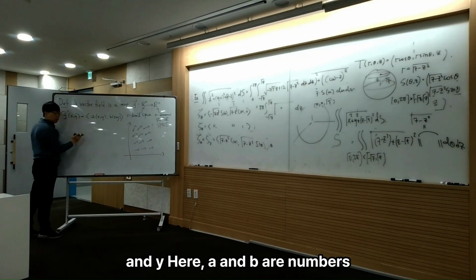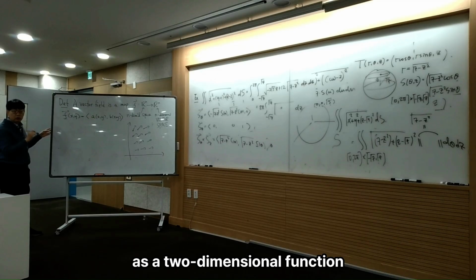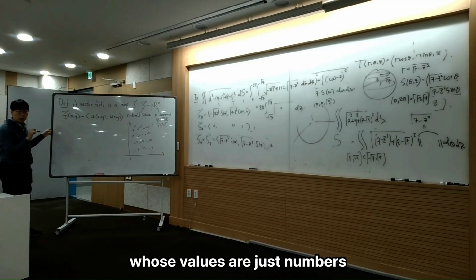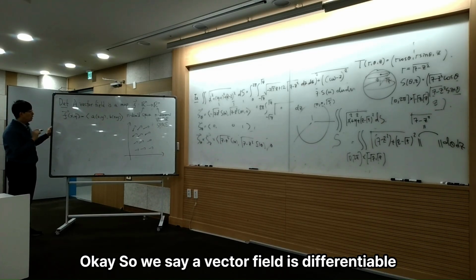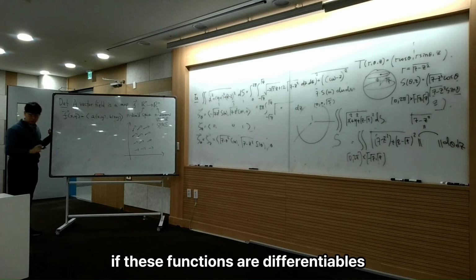Here, a and b are numbers. Basically, they are numbers, and you can also think of this as a two-dimensional function whose values are just numbers. Okay, so we say a vector field is differentiable if these functions are differentiable.